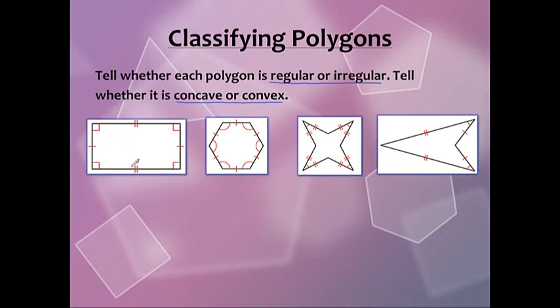So it's going to be irregular, and if I drew all the diagonals, I would see that all of them are inside the figure, so that's going to be convex. In the second figure, we have all the sides are congruent, all of the interior angles are congruent, so that's going to be a regular polygon, and all regular polygons are going to be convex.